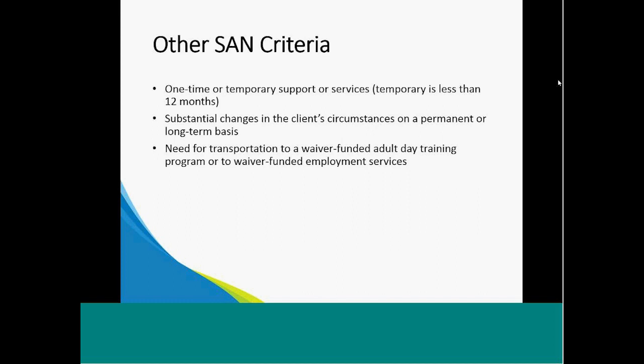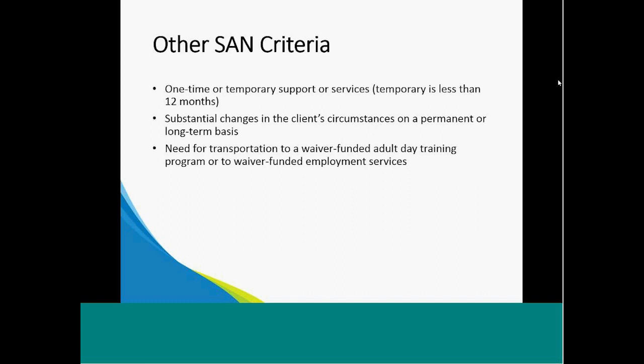Another criteria is the need for transportation. This was added more recently to the statute and the rule. That allows for transportation services to a waiver-funded adult day training program or waiver-funded employment services that cannot be accommodated within a client's budget.